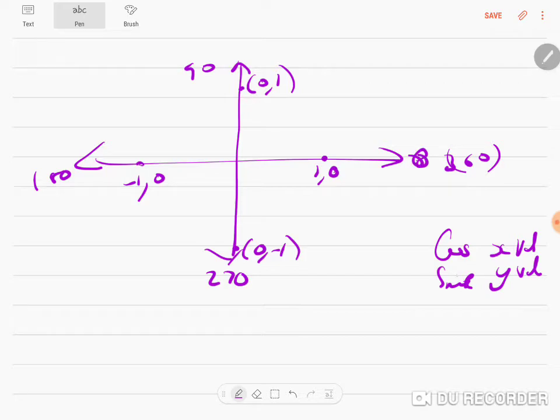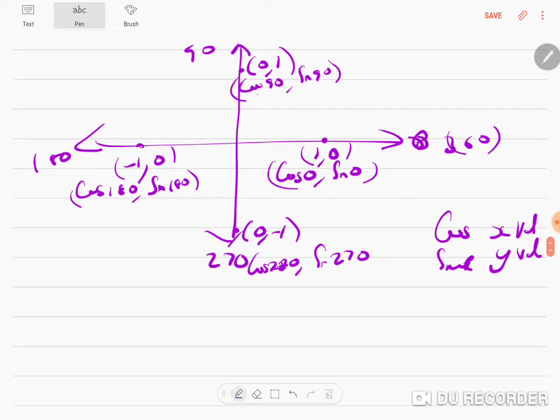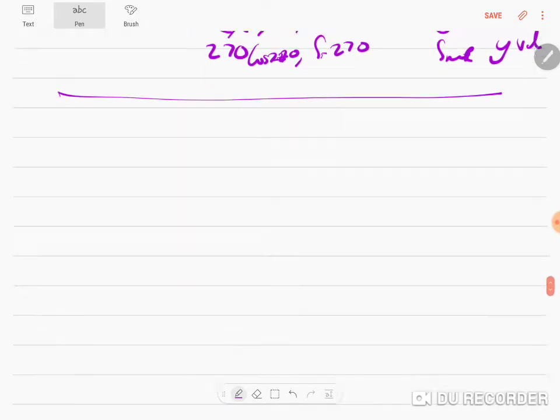So cos 0 is 1, sin 0 is 0, cos 90 is 0, sin 90 is 1, cos 180 is minus 1, sin 180 is 0, cos 270 is 0, sin 270 is minus 1. So this is how we get these values. I hope you understood. Okay.